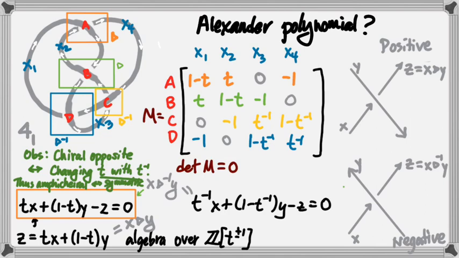So the kernel is non-trivial. Therefore, there's always at least one free variable, which implies that the matrix is not invertible, which means its determinant must be 0.